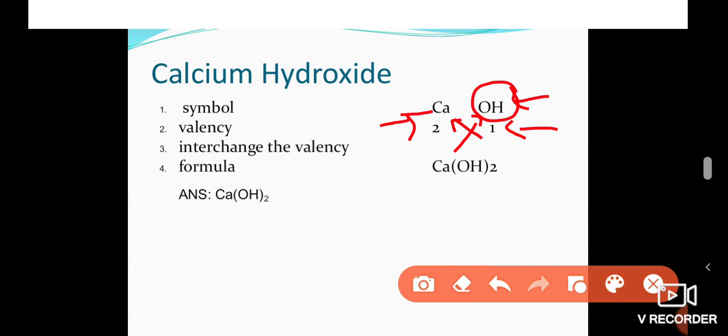So 1 Ca and OH twice. We have to write Ca(OH)2. Symbol, valency, interchange the valency, formula. So in the formula, if more than one polyatomic ion is there, we have to write it inside the bracket.